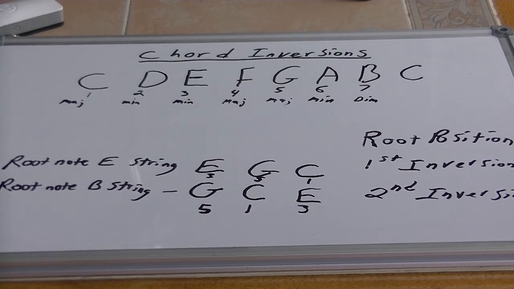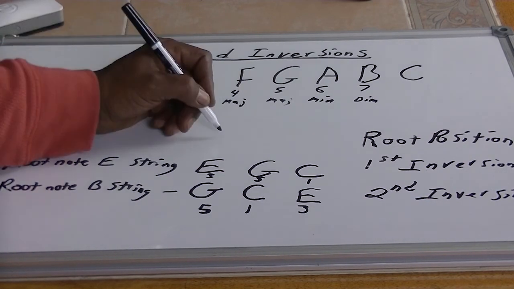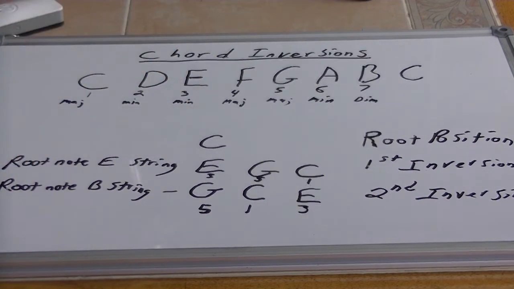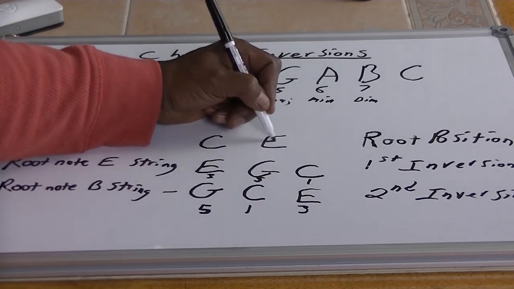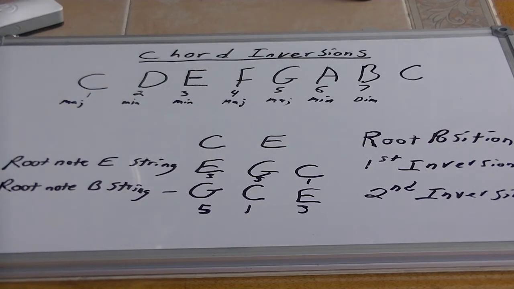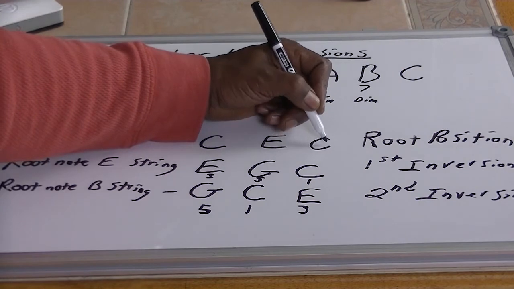Now let's take a look at the notes that we are playing, starting with the lowest note, the note on the G string. The note we're playing on the G string is C. The note we are playing on the B string is E. And finally, the note that we are playing on the E string is C.